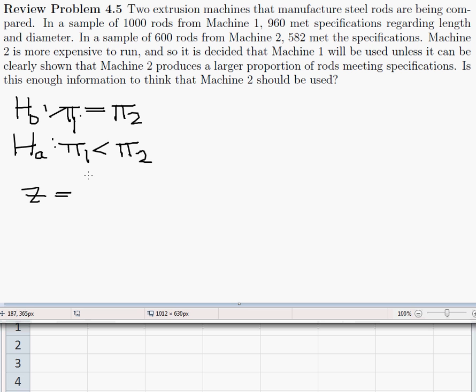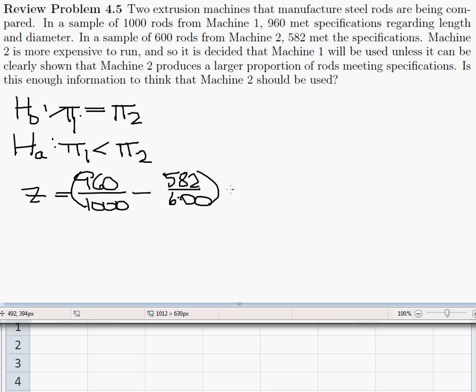So we have 960 divided by 1,000 as the proportion for machine 1, minus the proportion for machine 2, which is 582 divided by 600. And so that's the difference of the two proportions.